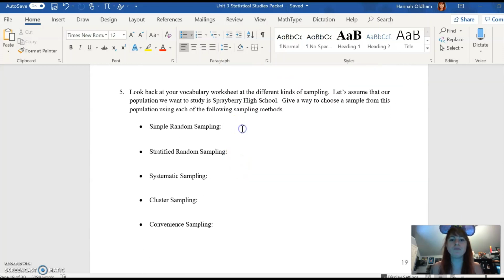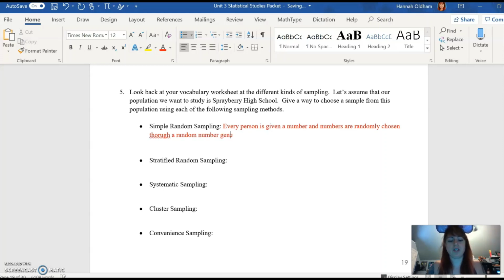Okay, so simple random sampling is when every person gets a number or their name in the hat, and they are literally randomly chosen, like with a random number generator. So every person is given a number, and numbers are randomly chosen through a random number generator.